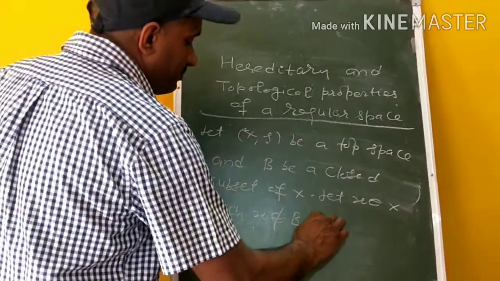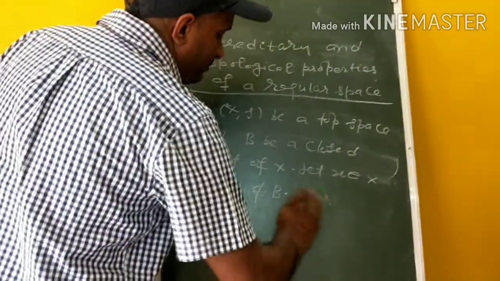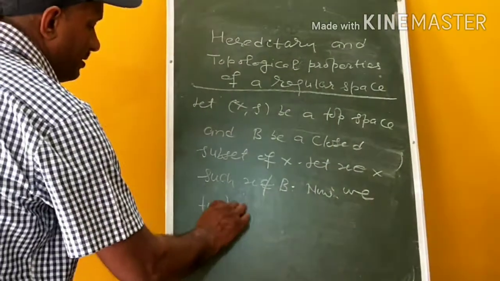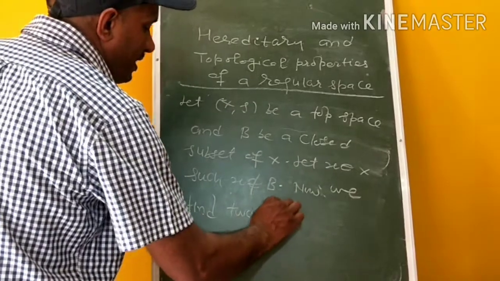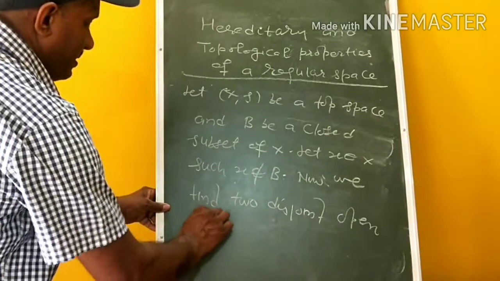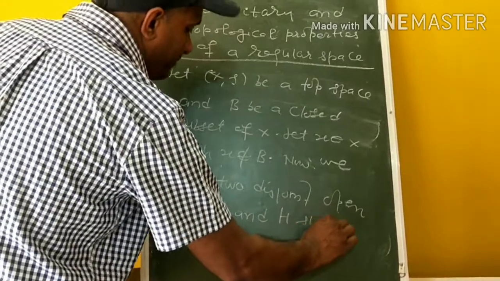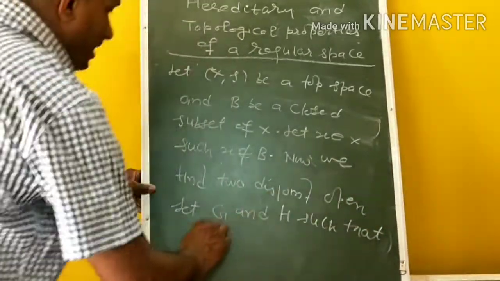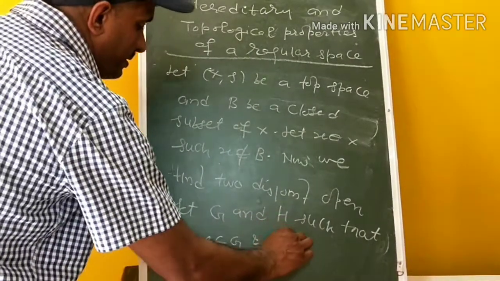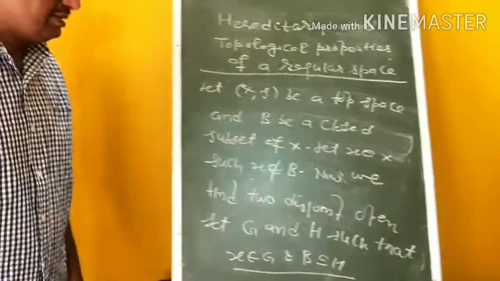Now we find two disjoint open sets G and H such that x belongs to G and B is contained in H, where G and H are disjoint.